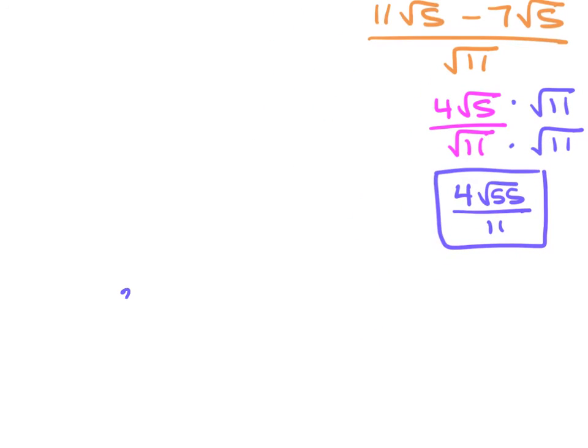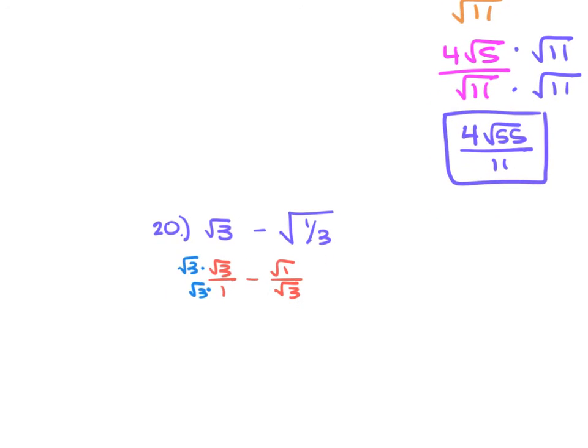For 20, we have square root 3 minus square root of 1/3. So again, we're going to rewrite this. Square root 3 over 1 minus square root 1 over square root 3. So multiply top and bottom by the square root of 3 on that first fraction to get like denominator so we can subtract. We're going to have the square root of 9, which is 3, over the square root of 3 minus the square root of 1 over the square root of 3.